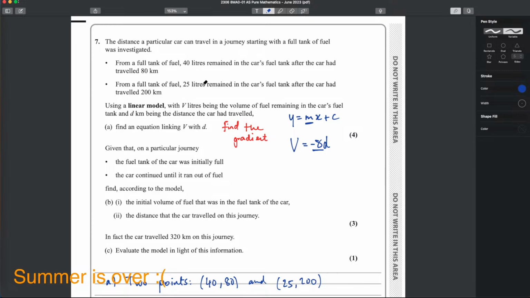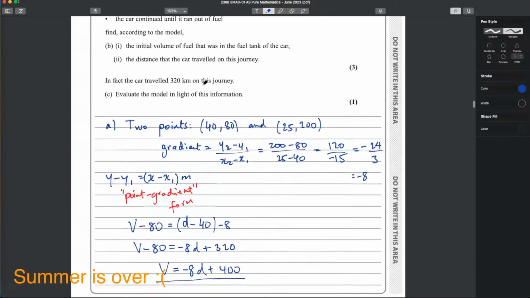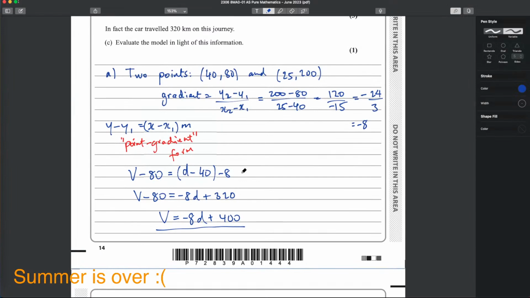There can't be 400. What did I do wrong here? Is this fine?